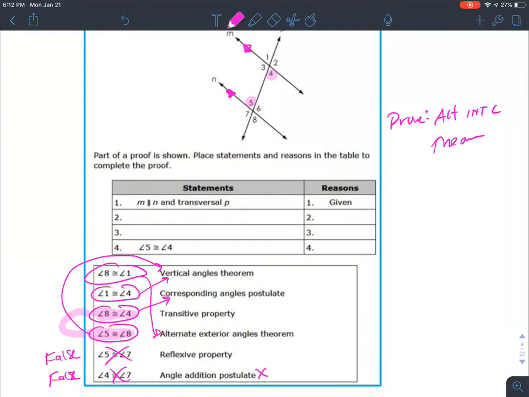So check this out. If I write down angle 5 is congruent to angle 8, looking at my picture, those are vertical angles. That's the vertical angle theorem.